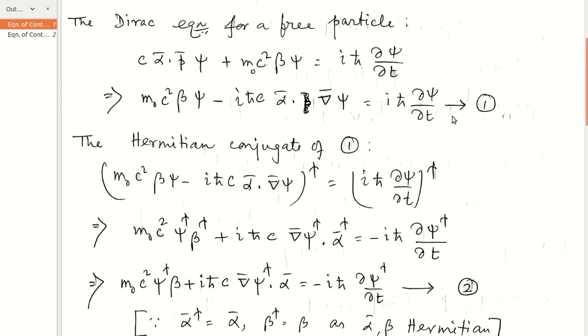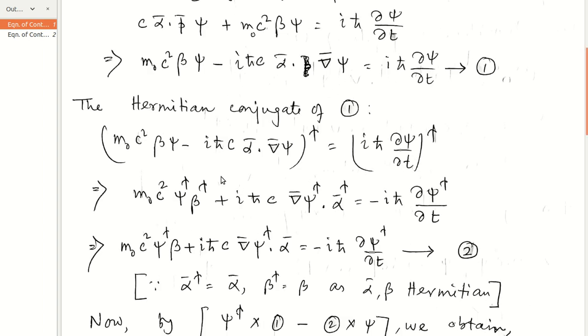As common practice, we have done it many times before in the non-relativistic Schrodinger equation and in the Klein-Gordon equation, we take the Hermitian conjugate of equation 1, and we operate the dagger here. We apply the dagger over the left side operator, and beta psi under dagger converts to psi dagger beta.